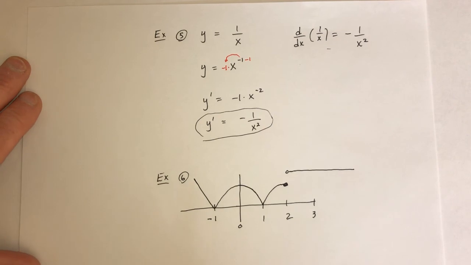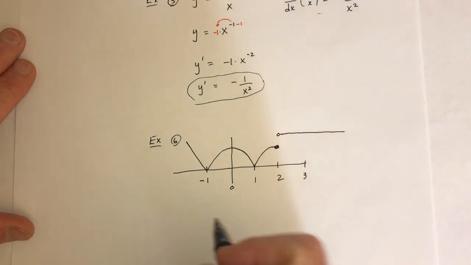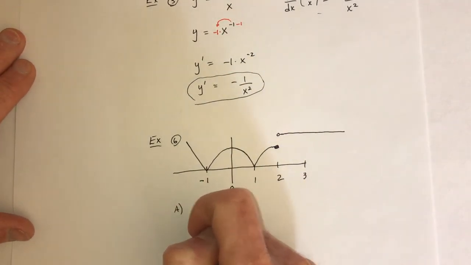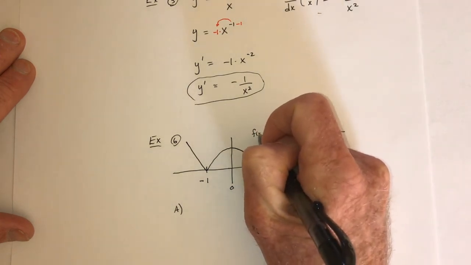So it looks like this. And then the questions are part A. So this whole thing is f of x.